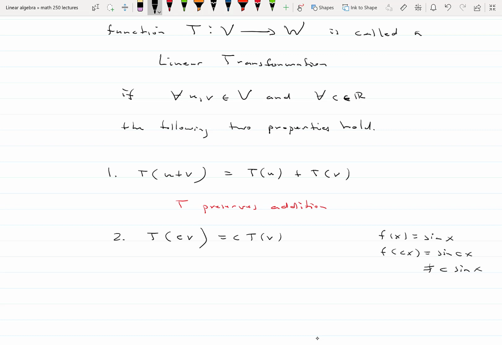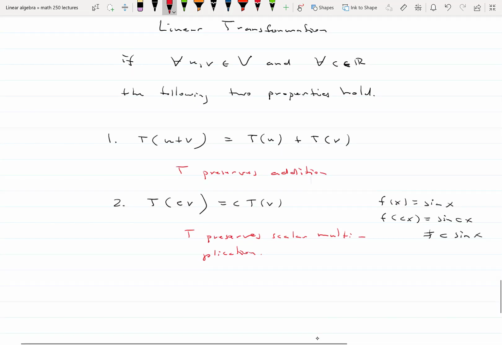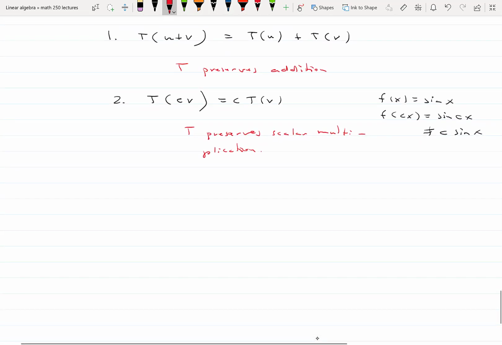So we say that the linear transformation T preserves scalar multiplication. I'll explain to you again what I mean by preservation of addition and scalar multiplication.